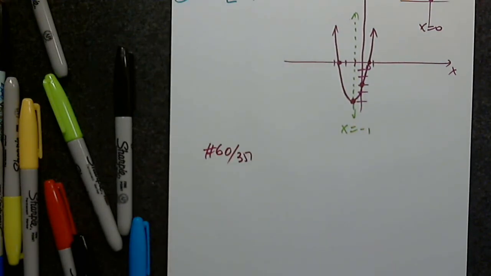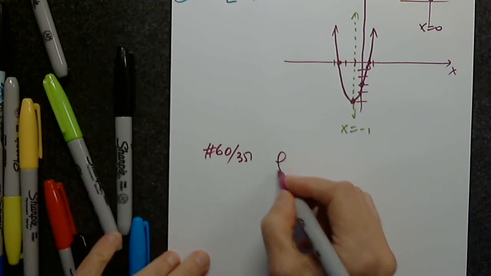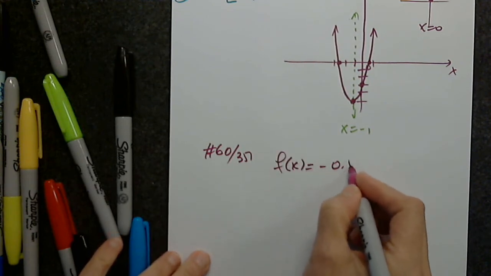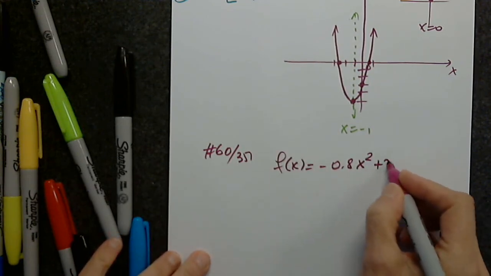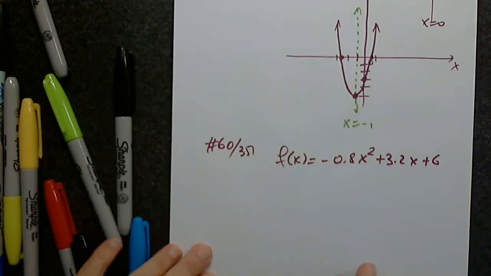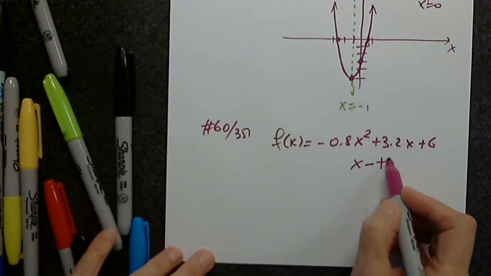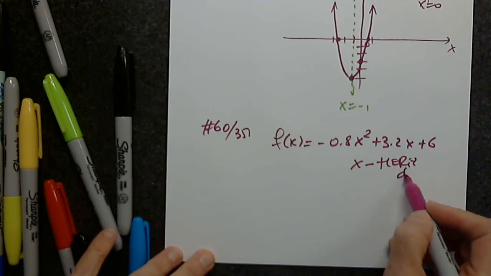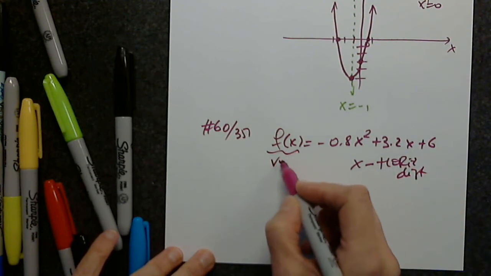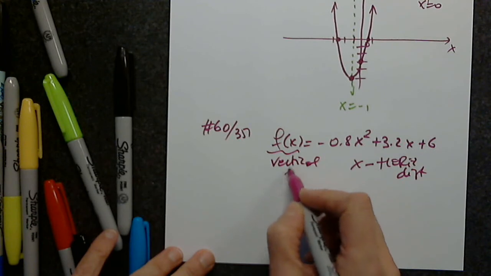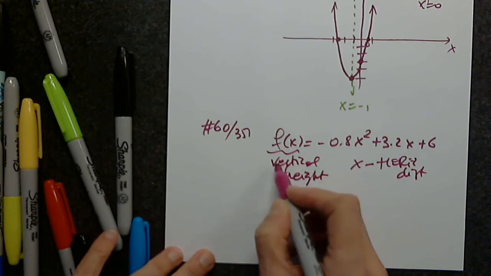So I'm looking back at what we covered last time. We had f of x equals negative 0.8x squared plus 3.2x plus 6. I'm copying from the previous lecture notes. X is the horizontal distance, and this is the height.